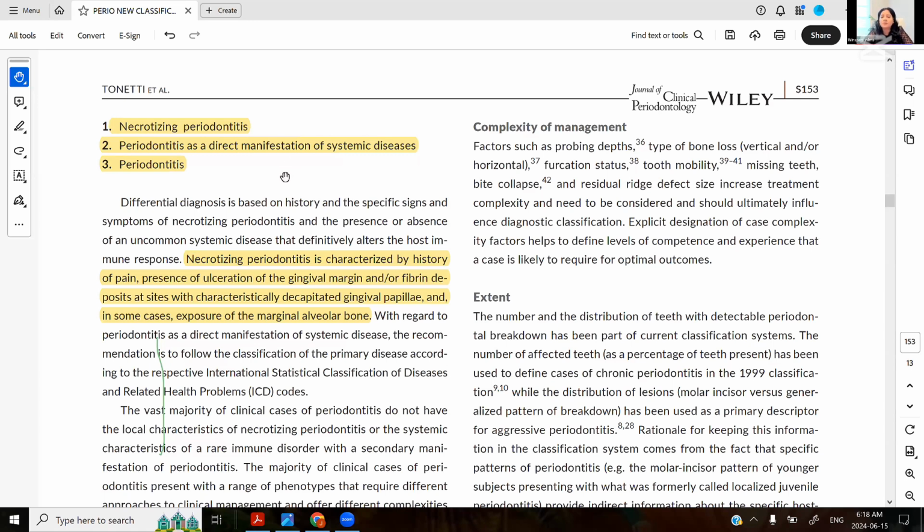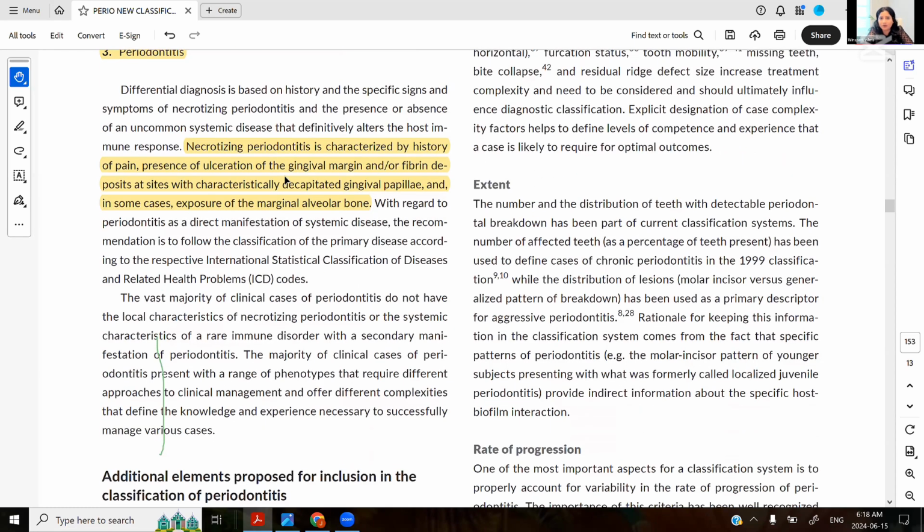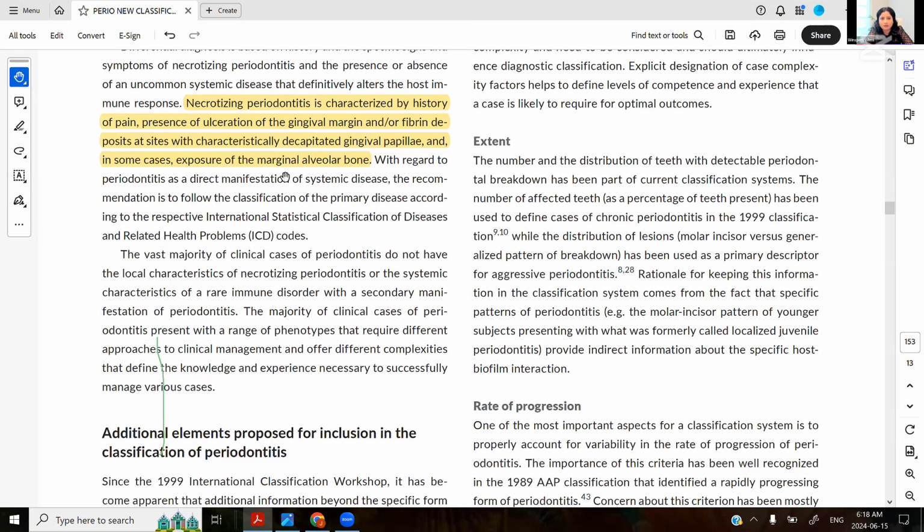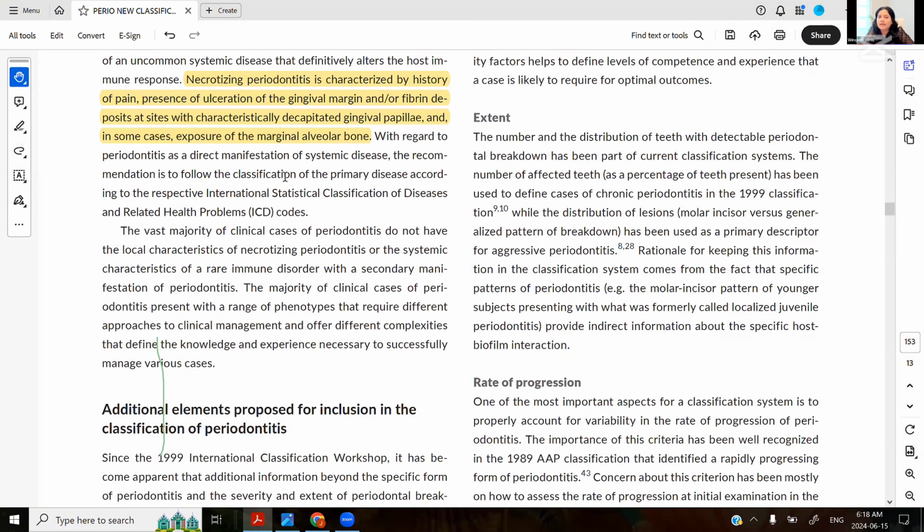Then comes your true periodontitis, which is pathogenic, microbial, coming from anaerobic bacteria or mixed bacteria. Then necrotizing periodontitis is characterized by a history of pain and ulceration in the gingival margin and the papilla. It starts with the gingival papilla, right? The NUG.